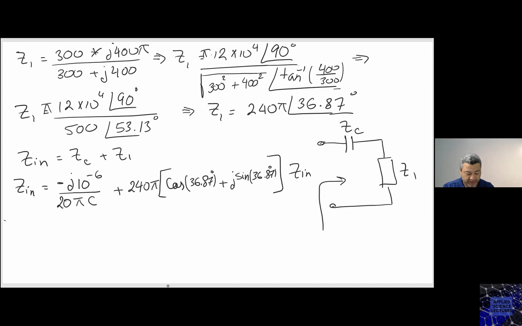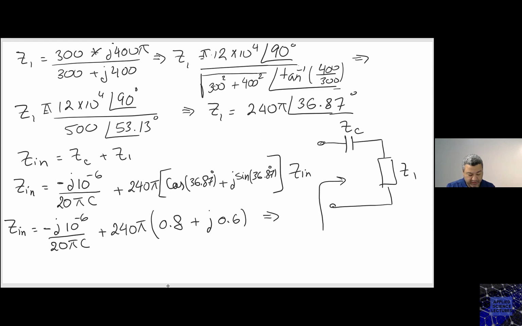So we have here Zn as minus j 10 to the power minus 6 over 20 pi C plus 240 pi, cosine 36.87 is 0.8, plus j 0.6.